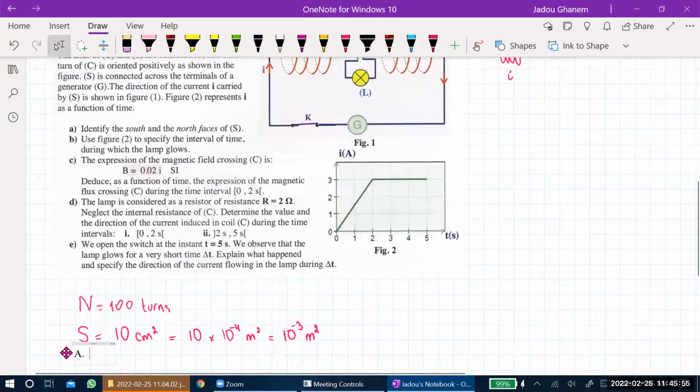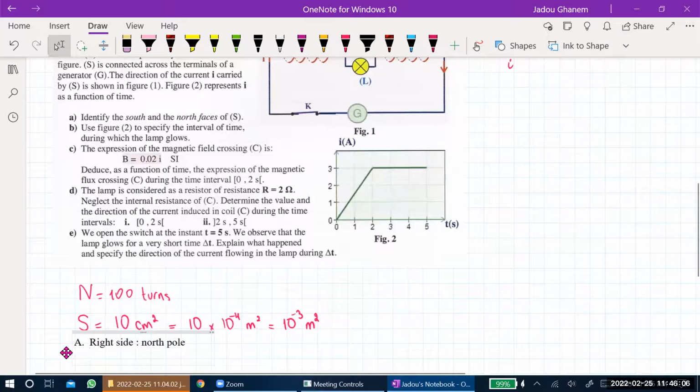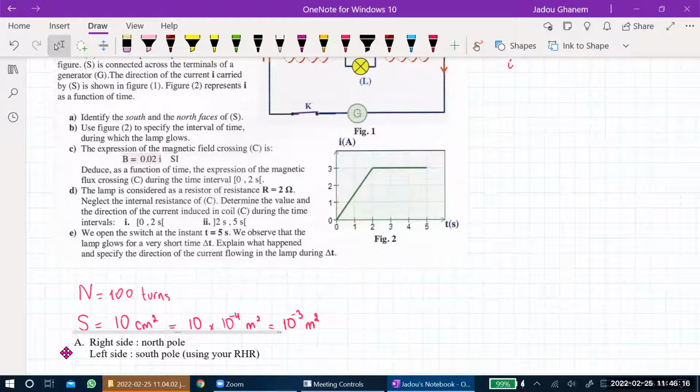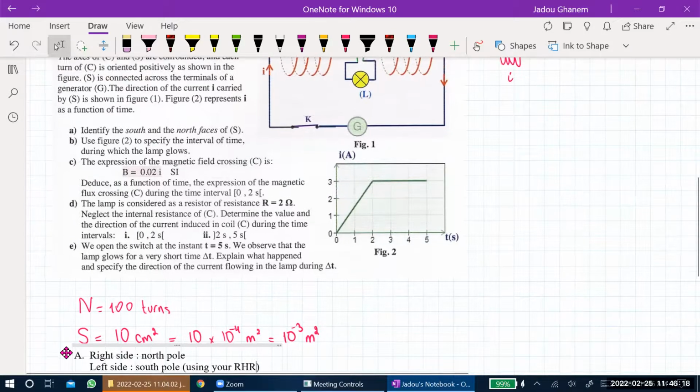So part A: right side, north pole; left side, south pole, sure, using your right hand rule. If you have any question, let me know, please.